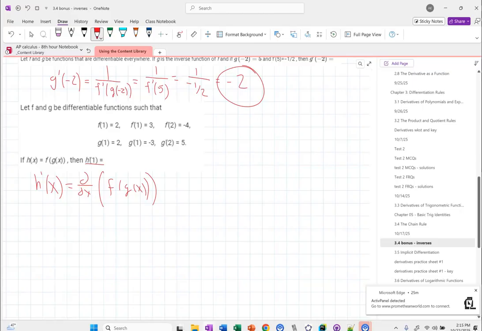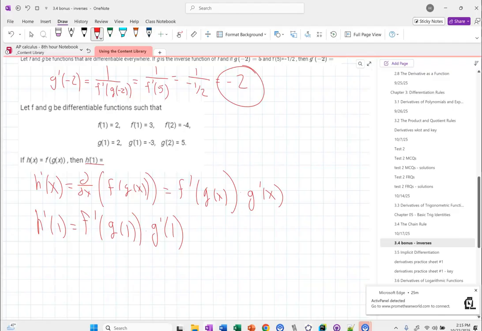Chain rule. So derivative of the outside times the derivative of the inside. So h prime of 1 then is f prime of g of 1 times g prime of 1.